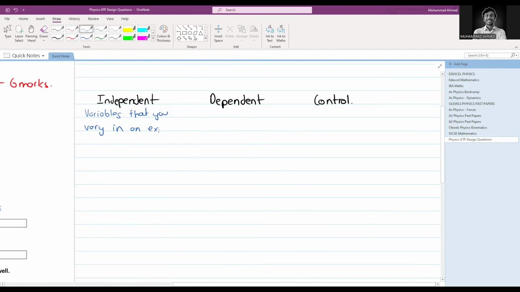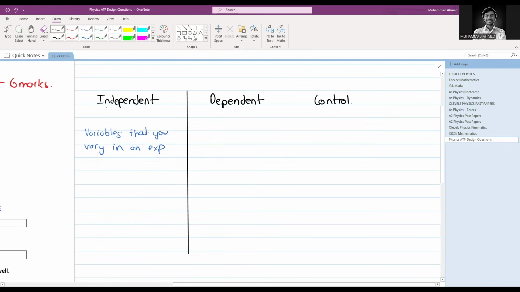You can write this completely here. Independent variables are the variables that you vary in an experiment.